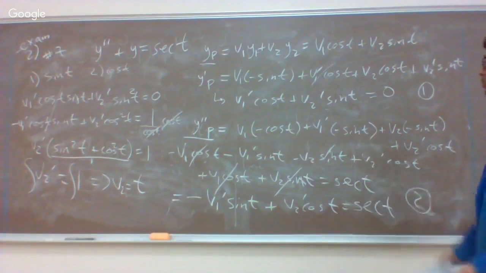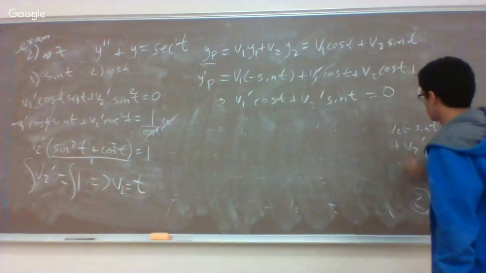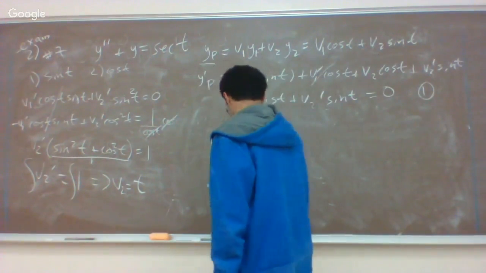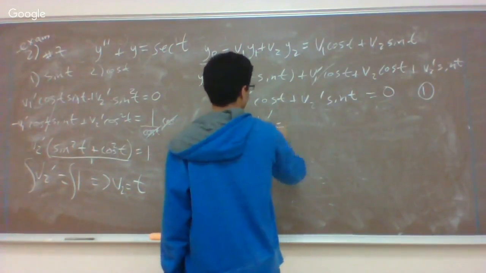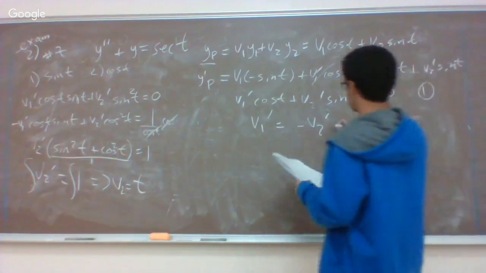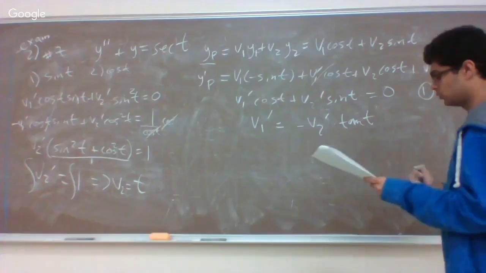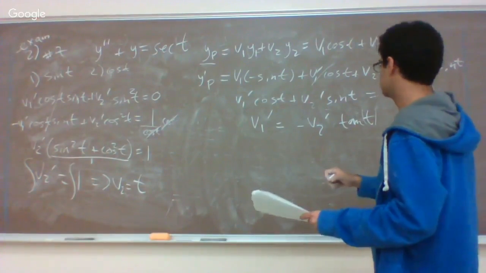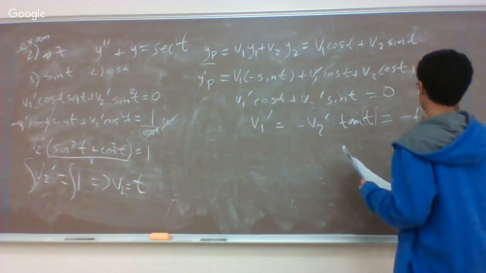Now for v1. This equation you can work with: v1 prime is equal to minus v2 prime, and then sine over cosine, so that's minus v2 prime times tangent of t. Our v2 prime is equal to 1, so if I put a 1 here, I get negative tangent of t.